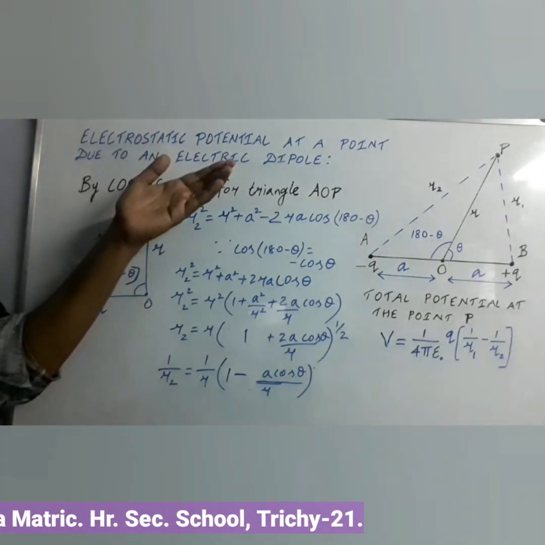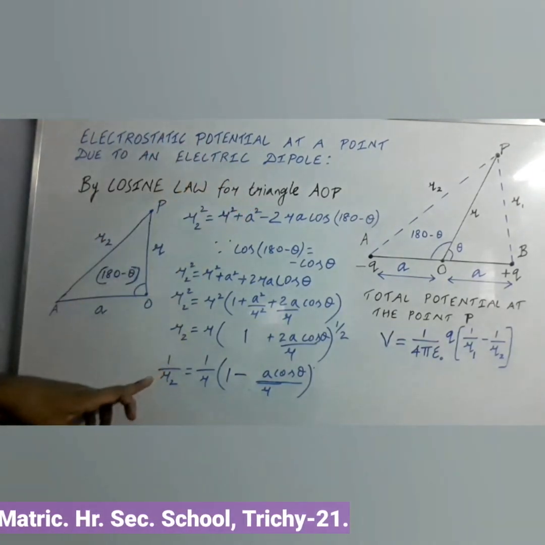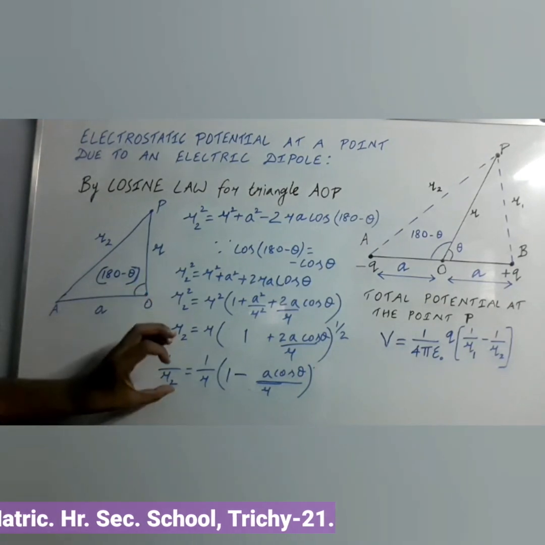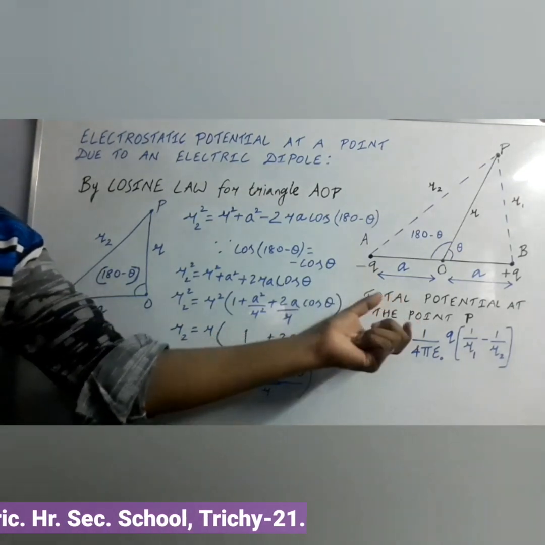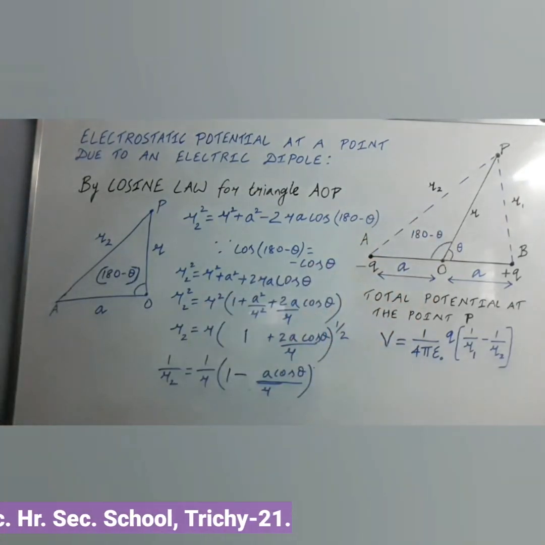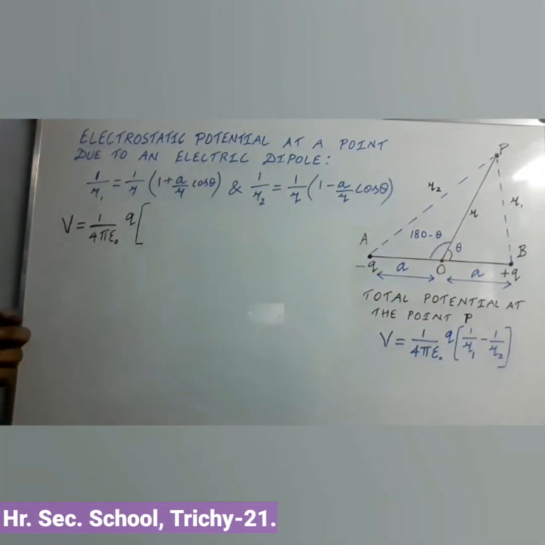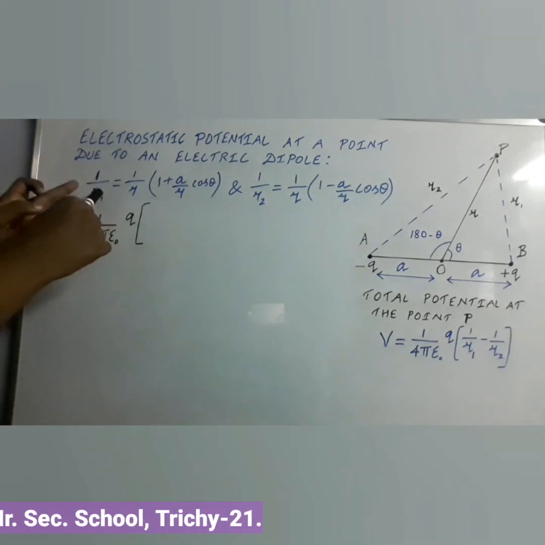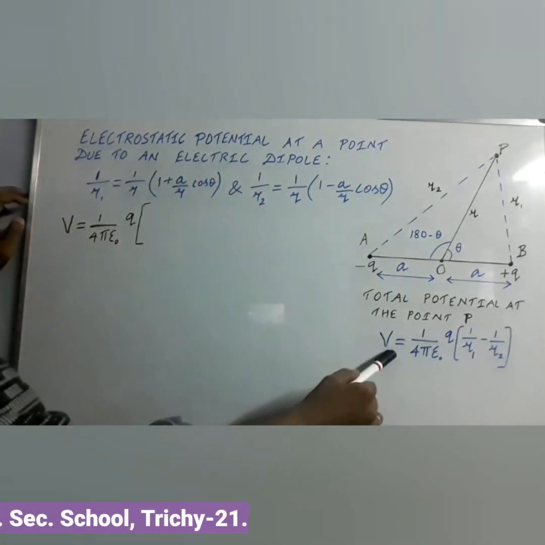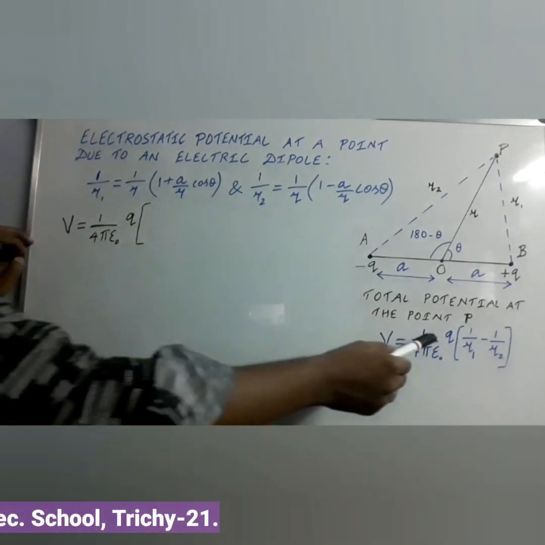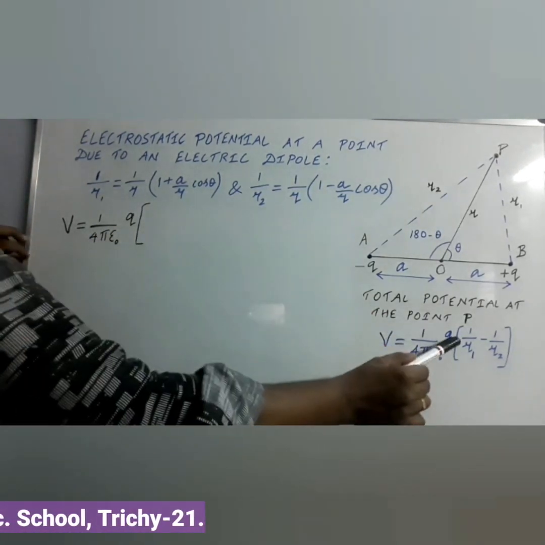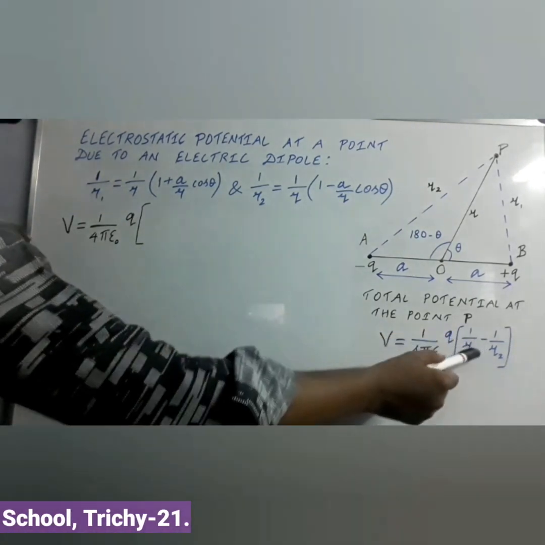Now we have found already the 1 by R1 value. Now we have found the value of 1 by R2. The two values can be applied here. Then you can find the total potential at point P due to the two charges. Now we are going to apply the values of 1 by R1 and 1 by R2 in the expression to find the value of electrostatic potential. So V is equal to 1 by 4 pi epsilon naught into Q. So you are going to apply the value of 1 by R1.